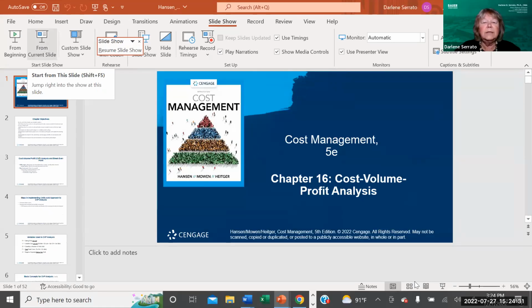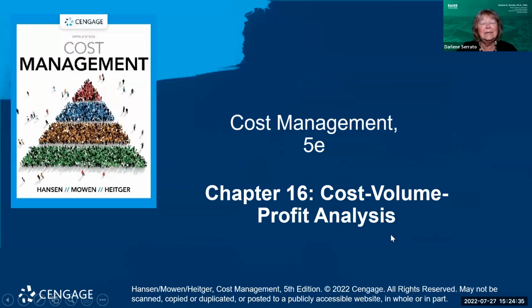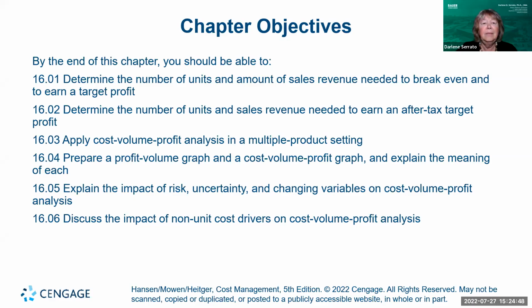So we are going to be looking at cost, volume, profit analysis. In doing cost, volume, profit analysis, we are going to be using the behavioral or contribution format of the income statement. So we want to determine using CVP, that's the common abbreviation for cost, volume, profit analysis, how many units or sales dollars must be created to break even.